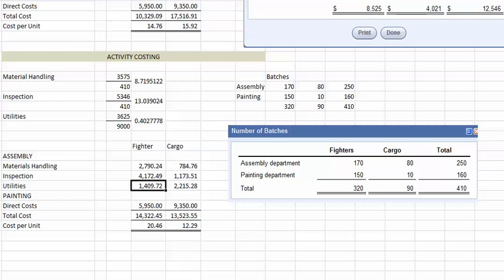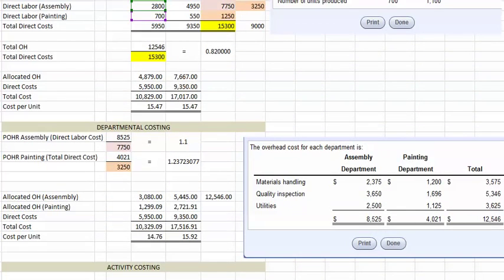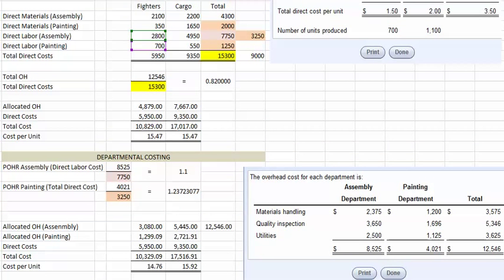Finally, in allocating overhead for our utilities, we take our predetermined overhead rate, which was 0.402, and multiply it by our $350 and $700, which was our direct cost, and our $2,800 plus $700, which was our direct labor cost for the fighter planes.